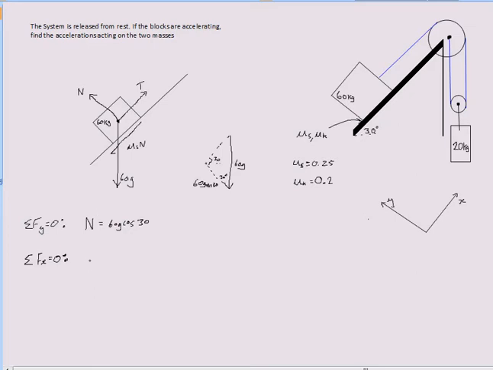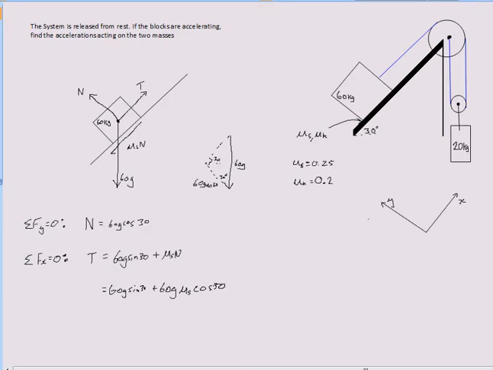So in this particular case, T, the forces acting up the hill, are going to be equal to all the forces acting down the hill, which means T is going to be equal to 60g sine theta, because that's the component of gravity along the slope, plus mu S n. And we just figured out what n was before, so that's going to be 60g sine theta, or sine 30 in this case, plus 60g mu S cos 30.